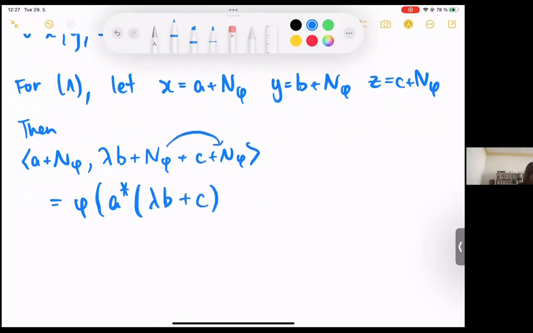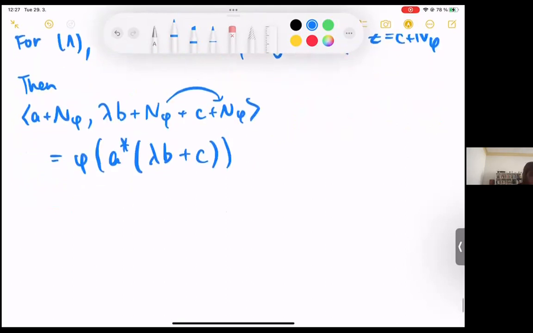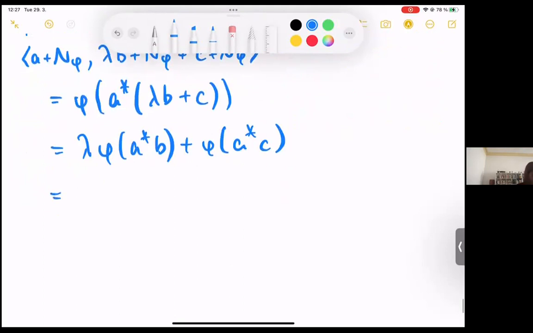So of course we can move those in together. And this is a linear functional, so we get that this is λ phi of a star b plus phi of a star c, which is just what we want.